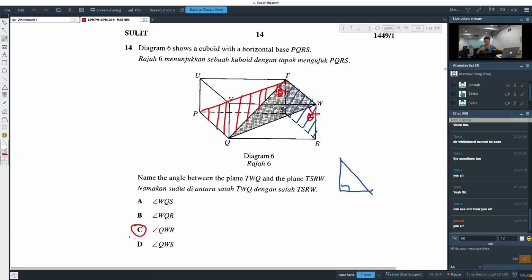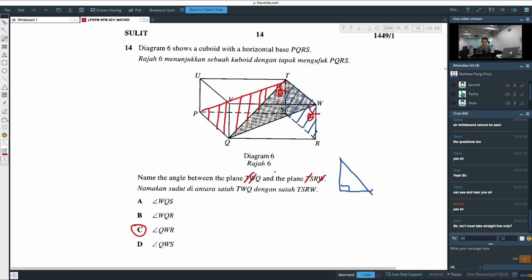So normally what I teach my students is, you can find both of these also intersect at T and W. Do you find out both also have TW? So that means the angle in the middle must be either T or W. Either way, it must take the straight line only.